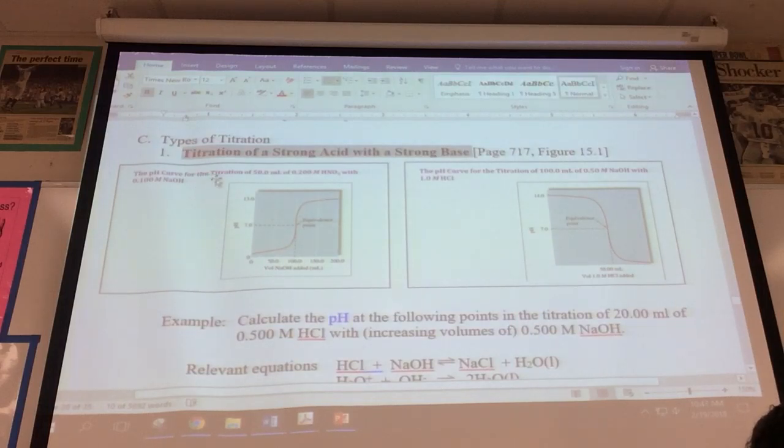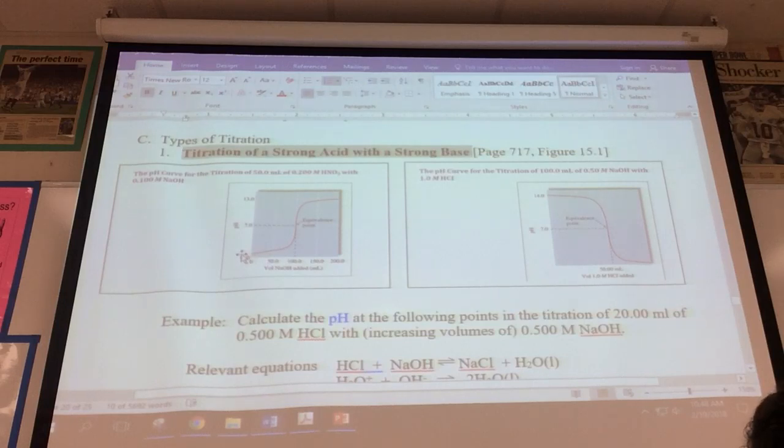For example, this shows the titration of a strong acid, nitric acid, that's what would be in your flask or your beaker, with 0.1 molar sodium hydroxide. The sodium hydroxide is your titrant, and that is what you would have in your burette. That's what you're dispensing into the flask, and you're doing it in 1 or 5 ml increments depending on the volume.